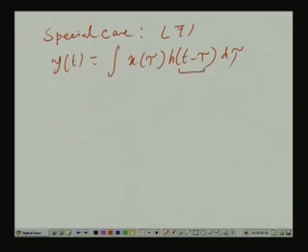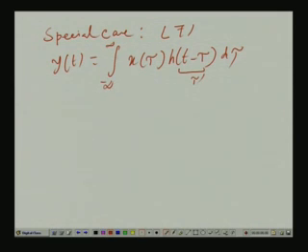And there, if you replace t minus tau by tau prime, so tau is t minus tau prime. Then you see d tau is minus d tau prime, and when tau is minus infinity, tau prime is plus infinity.